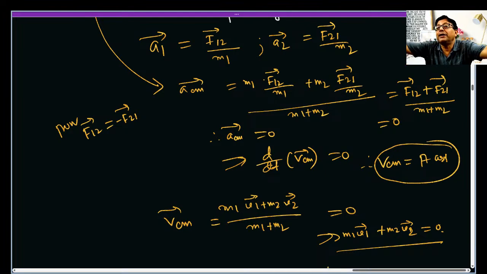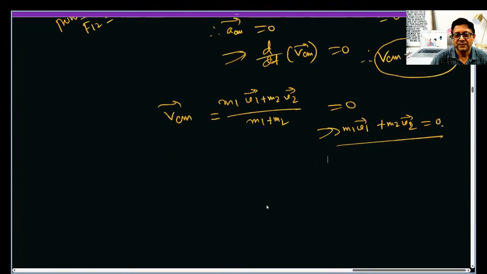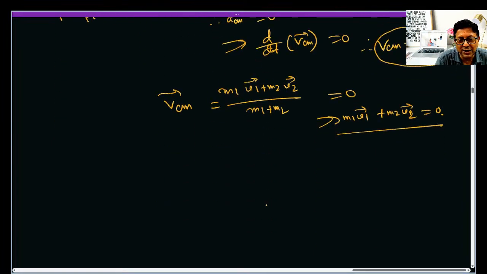Two particles going this way, the third particle will be in a direction opposite to the resultant direction of motion. So we can say that the momenta will be equal and in opposite directions. It is a generalization here for a system of particles.